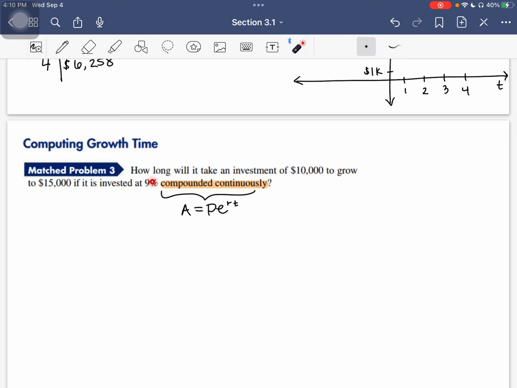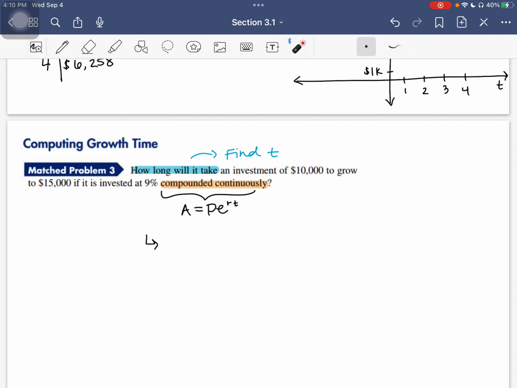But if you look back at our question, it's asking how long it will take for this to happen. So this means we want to find t. All right. So we'll plug everything into our formula for continuous compound interest and then solve for t.